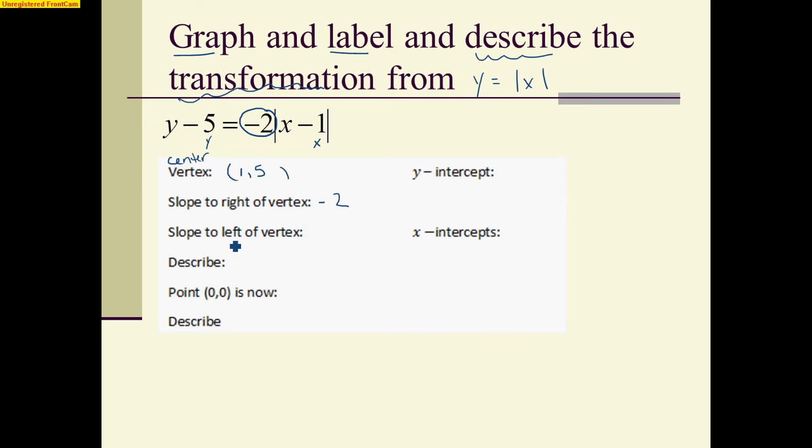The slope to the left of the vertex is the opposite. So, to describe, the point 0, 0 is now 1, 5. So write 1 unit right and up 5 units from 0, 0.